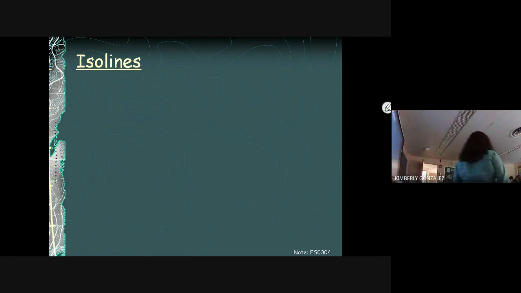Isolines connect the points of equal values in fluid lines. Last word: in fluid lines.